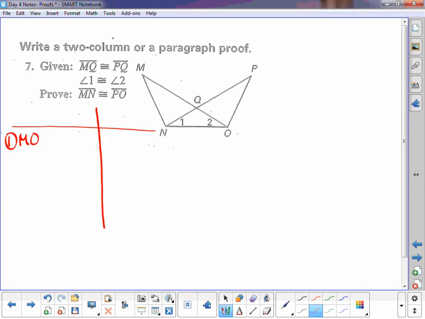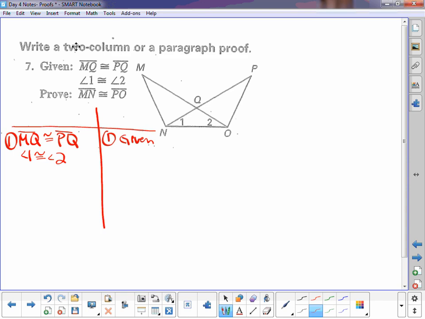So we have MQ is congruent to PQ, as well as angle 1 is congruent to angle 2. All right, so here we have overlapping triangles. They want us to show that segment MN is congruent to segment PO.